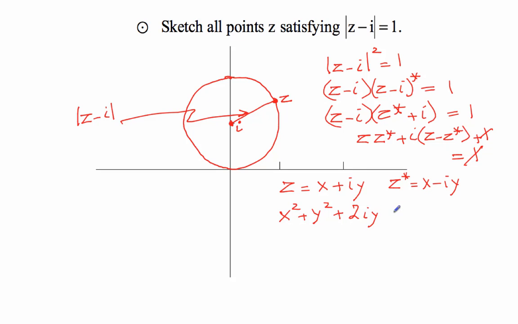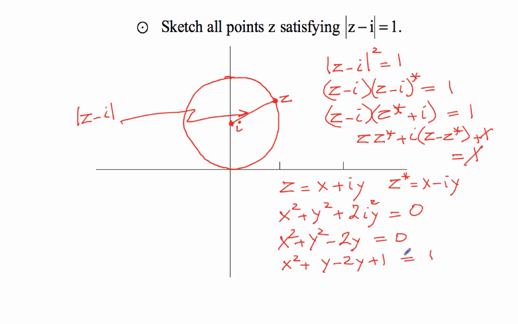And that is multiplied by i, so it's i squared, and that's equal to 0. Now, that's saying that x squared plus y squared minus 2y equals 0, which I can then write as x squared plus y squared minus 2y plus 1 equals 1.